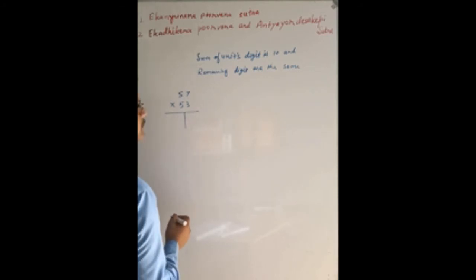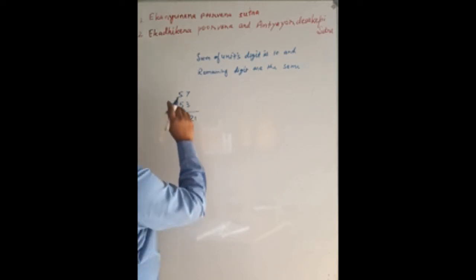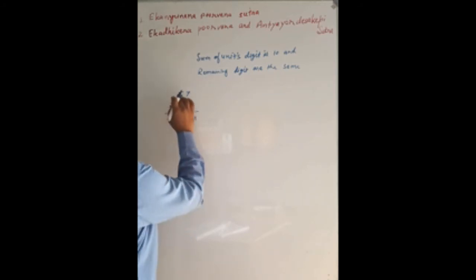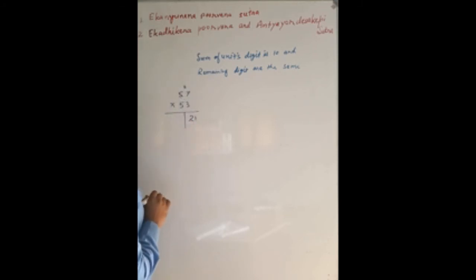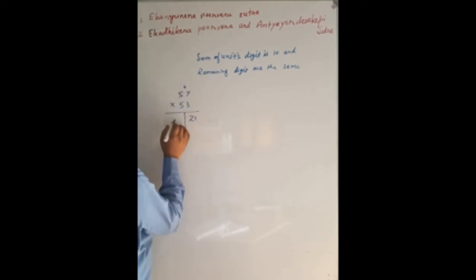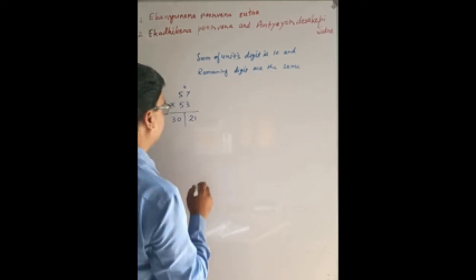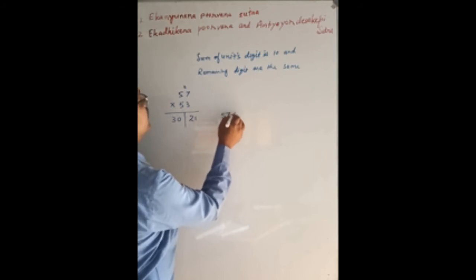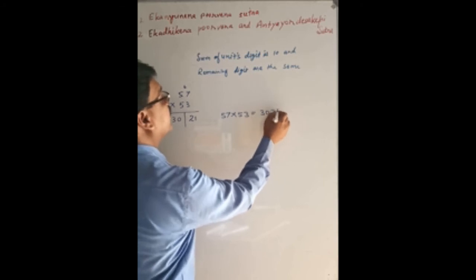First we multiply unit digits: 7 times 3 is 21. Now we add 1 to the number, so 5 turns into 6. And 6 multiplied by 5, we get 30. So 57 multiplied by 53 is equal to 3021.